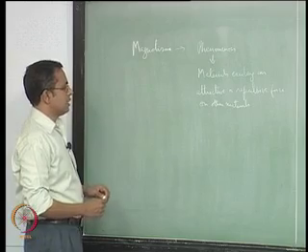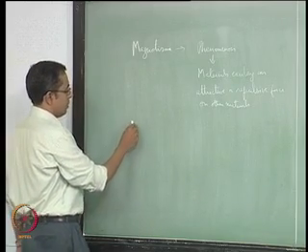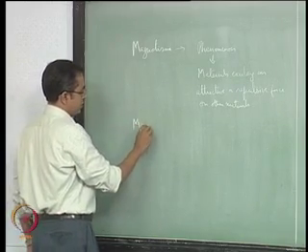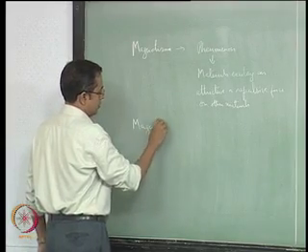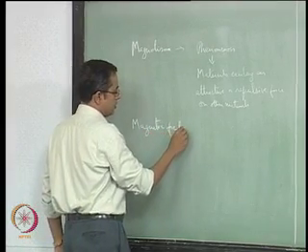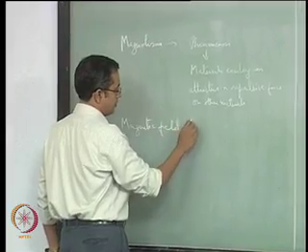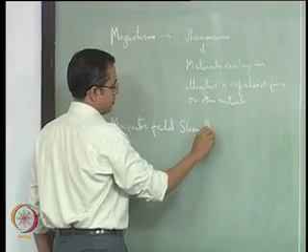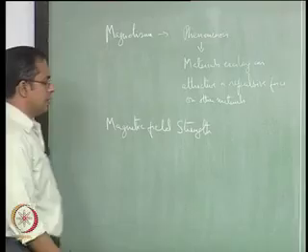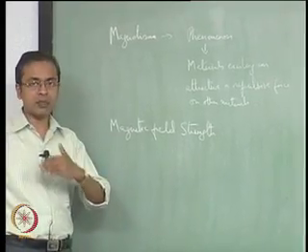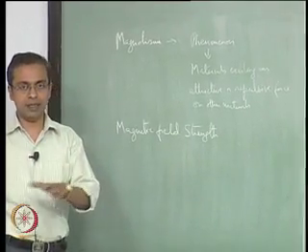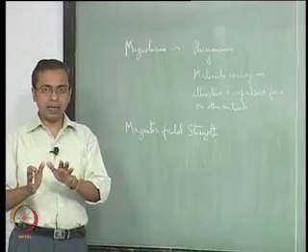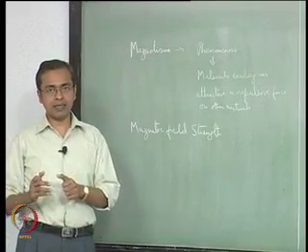So the first thing that we would like to quantify is something called magnetic field strength. This represents the strength of the externally applied magnetic field. Often we are studying what happens to a material as it interacts with a magnetic field.